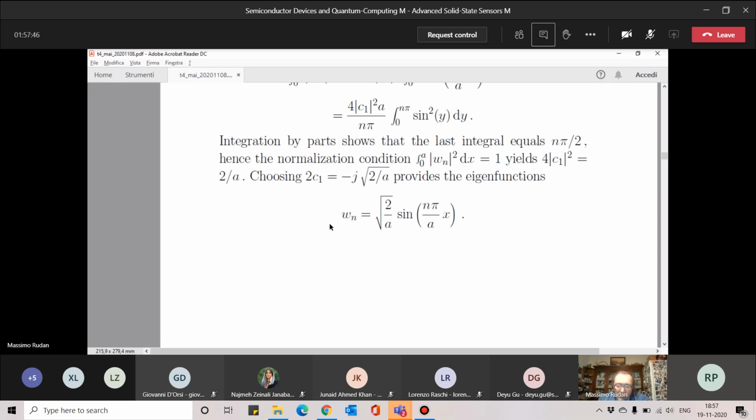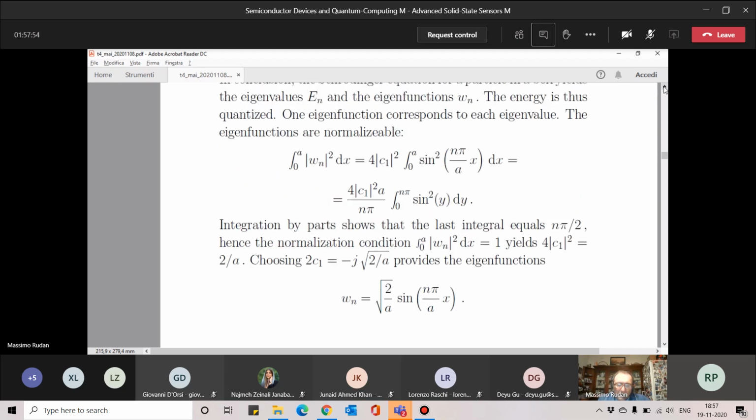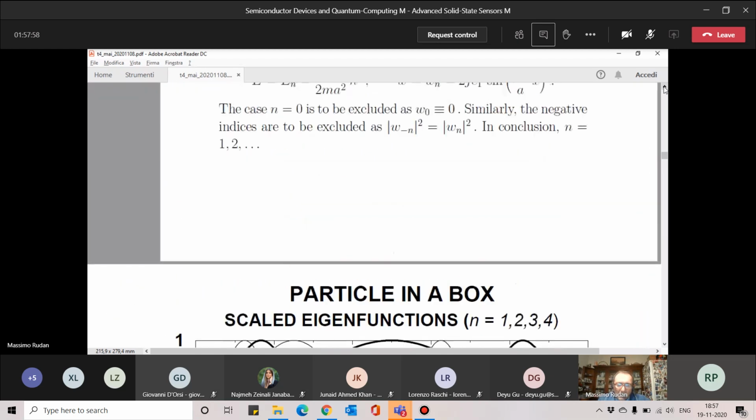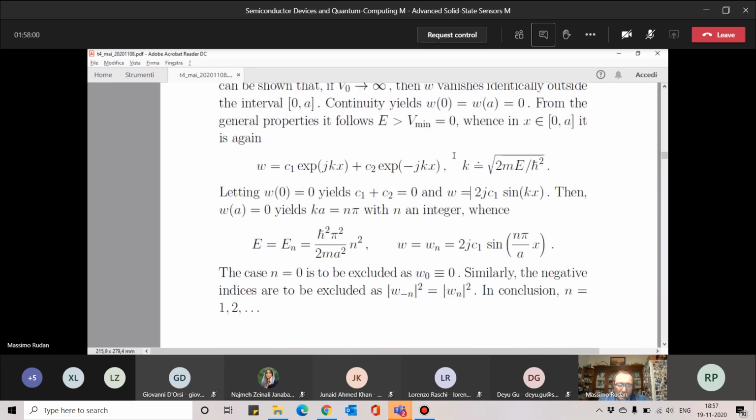It is worth making another observation. When you prescribe the index, you remember that index n of this problem goes from 1 to infinity. When you fix n, you find one energy.